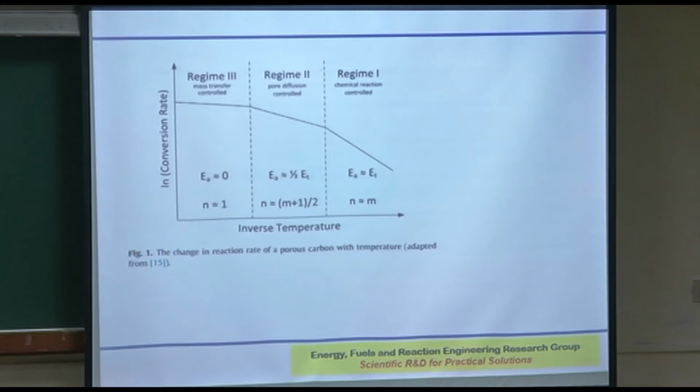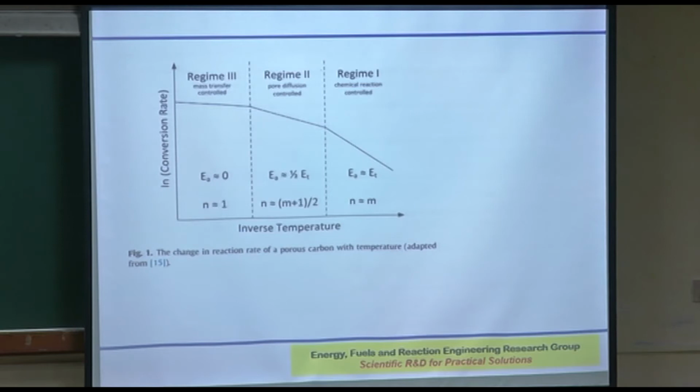Right on the rightmost side, it is a chemical reaction control zone. Remember, this is plotted as inverse of temperature, so the right hand side means low temperature. And on the leftmost side, it is the diffusion control, or also called mass transfer control. It's called regime 3, external diffusion control.